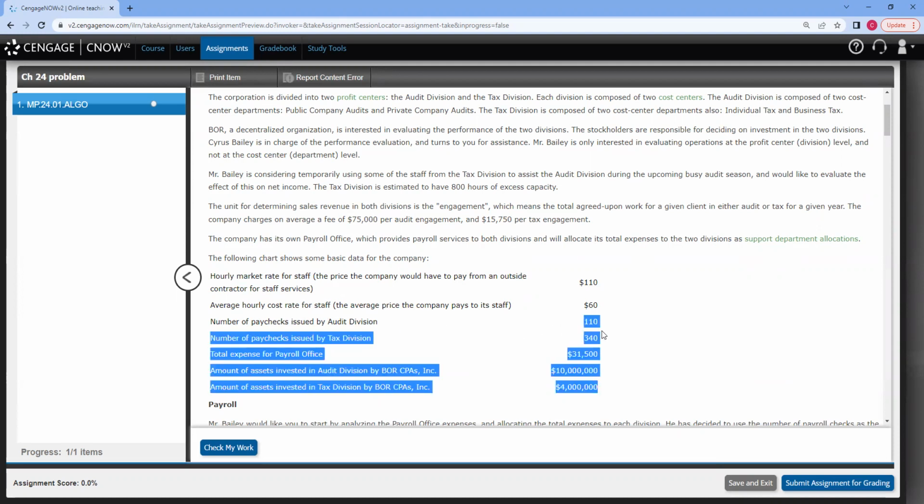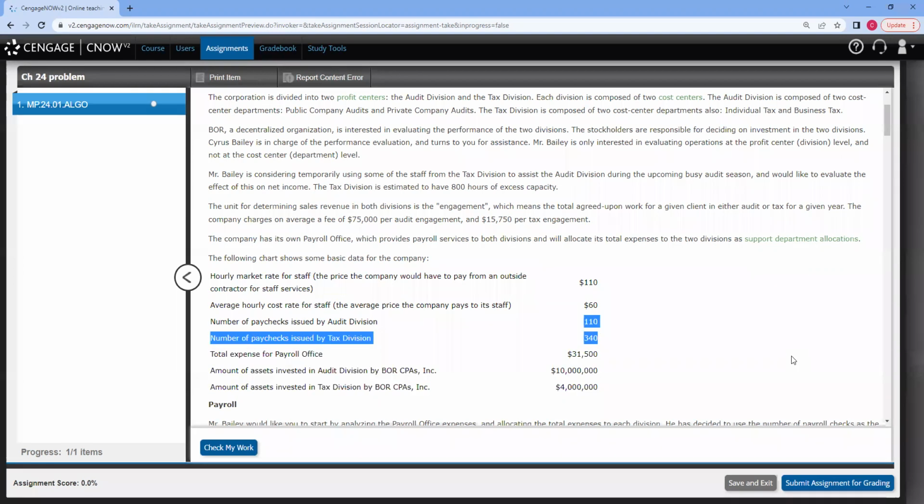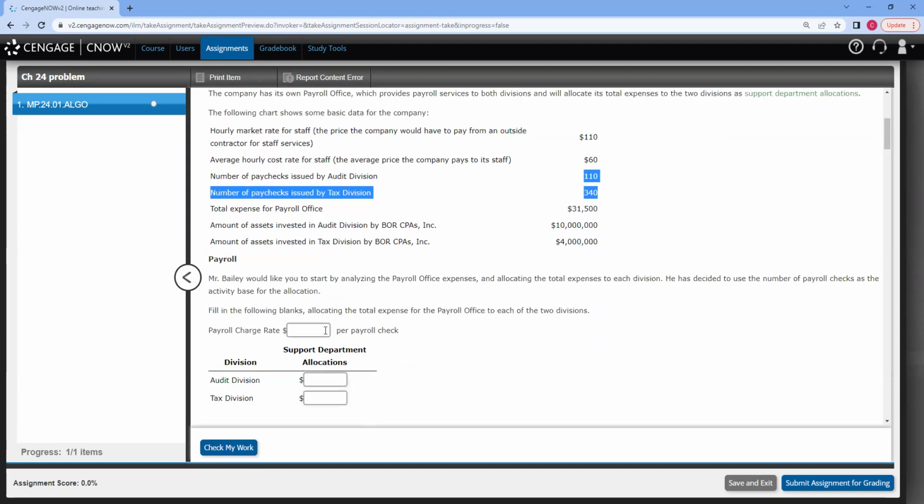So the total number of paychecks that are issued, right there, we have 110 for the audit division and 340 for the tax division. So that's a total of 450 paychecks. And we're going to share or allocate that $31,500 in total expense to the two profit centers based on the number of paychecks they get.